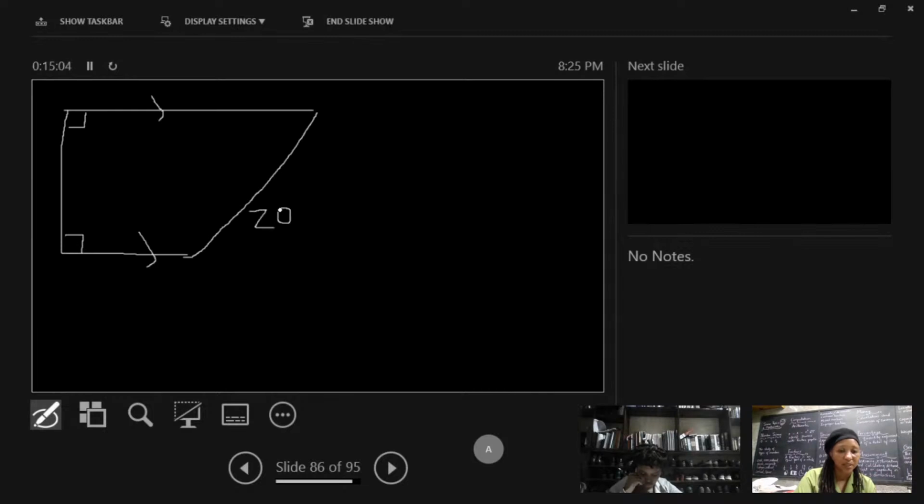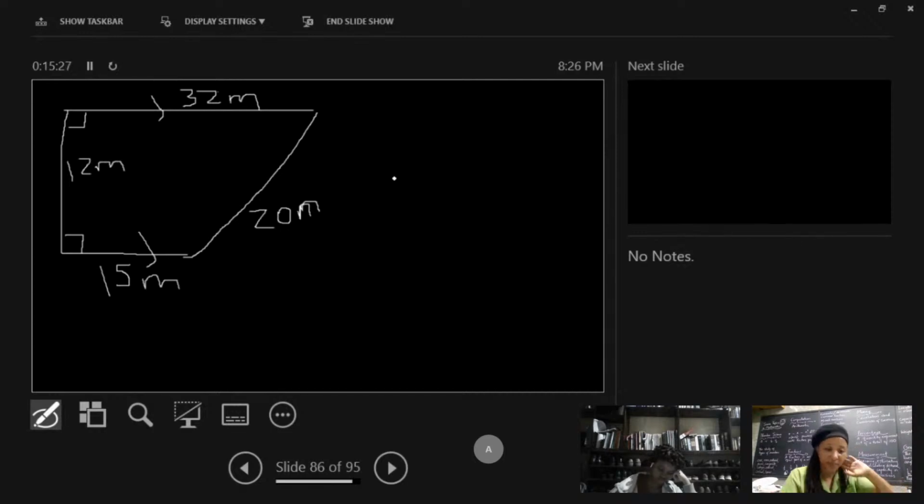That's 20 meters. That's 32 meters. That's 15 meters and 12 meters. All right, so I'm just picking some numbers from out of space.